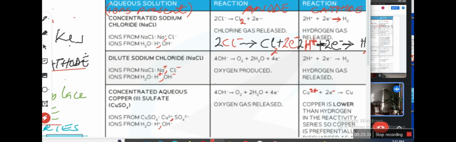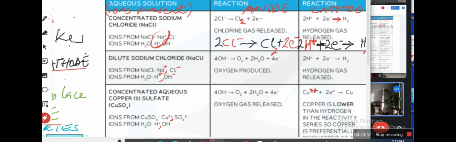Have you taken note of that? Which ones are the negative ions here? The chloride and the hydroxide are the negative ones. Which ones are the positive ones? The sodium and the hydrogen.